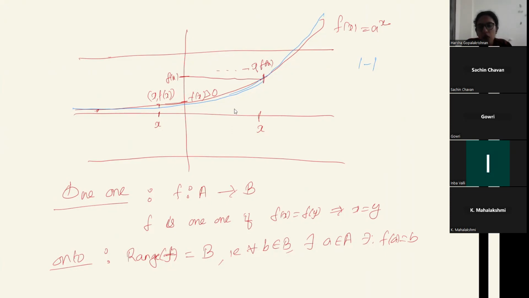So f of x is not negative. That means for any negative real number, we cannot find an x such that f of x equals that real number. Is that clear? So this is exactly what the horizontal line test says. If we draw a horizontal line and at least at one point it intersects, then it is onto.